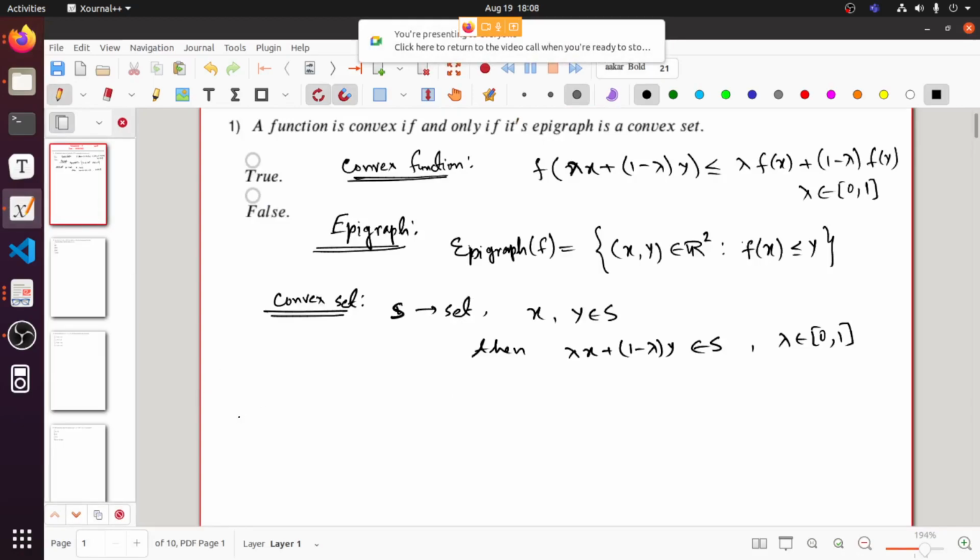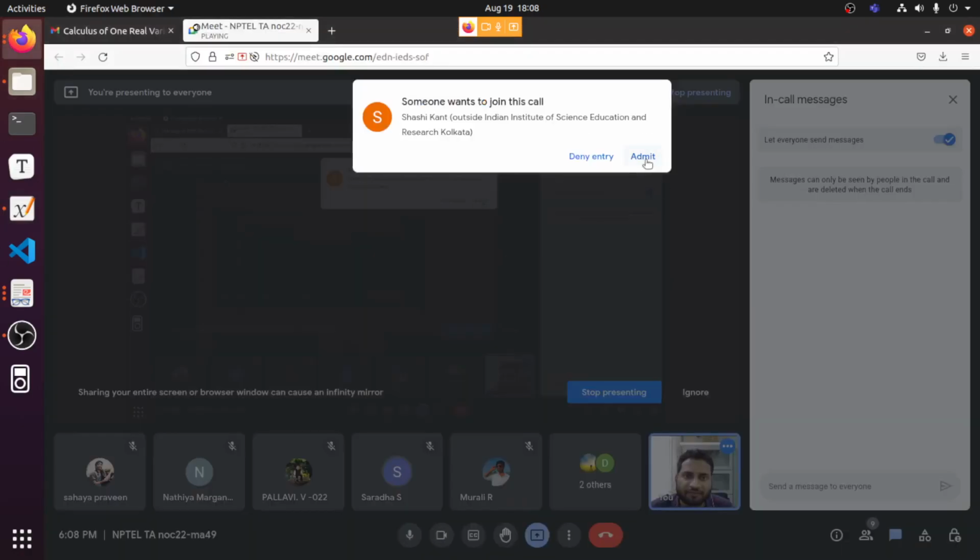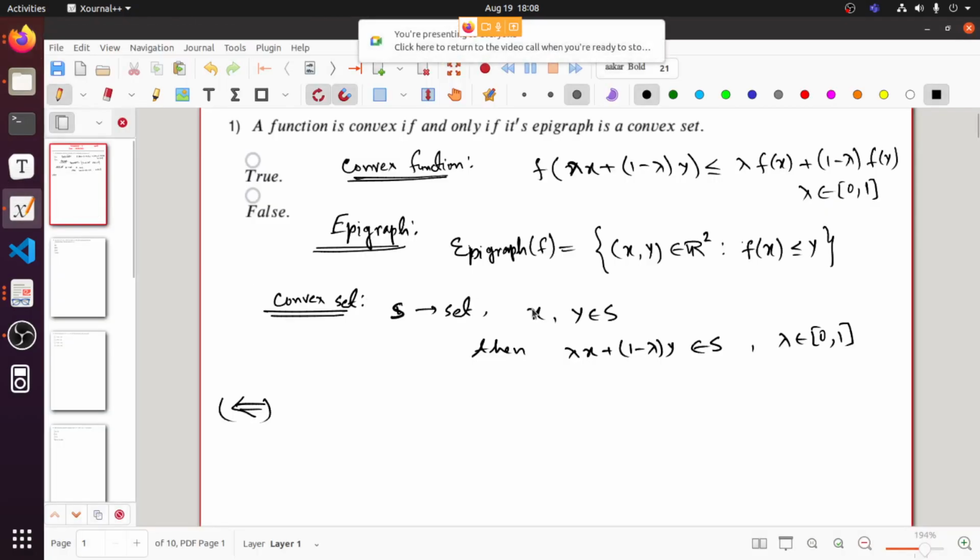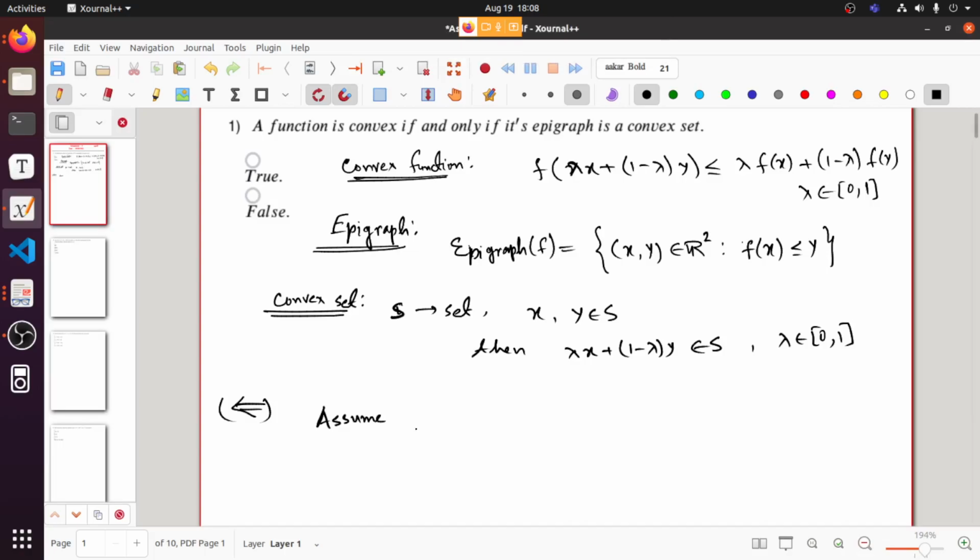So let's first do the converse part, this direction. So assume the epigraph of f is a convex set. You have to prove that the function is convex.